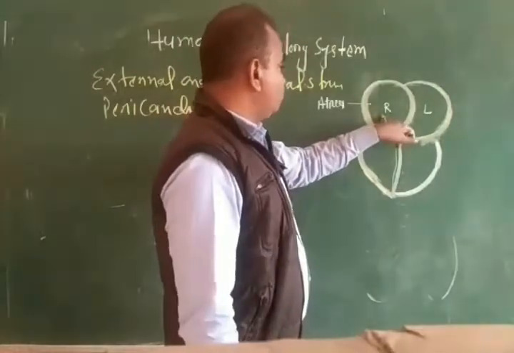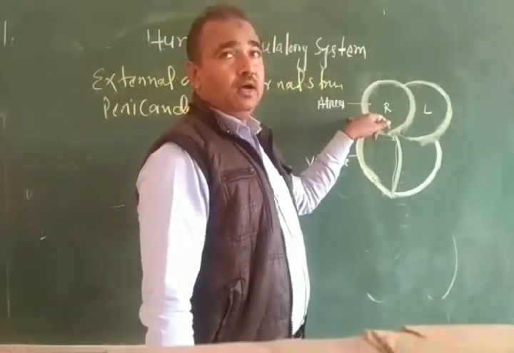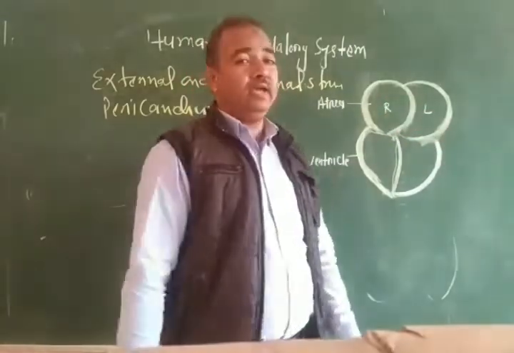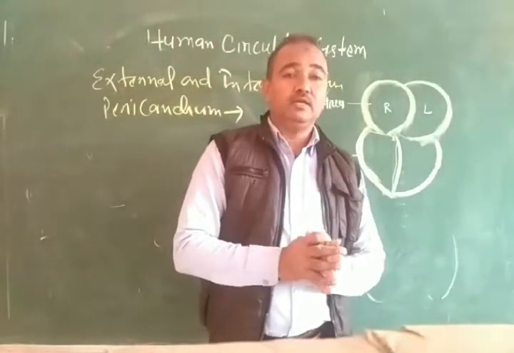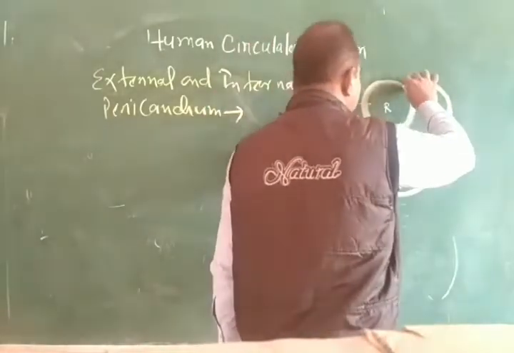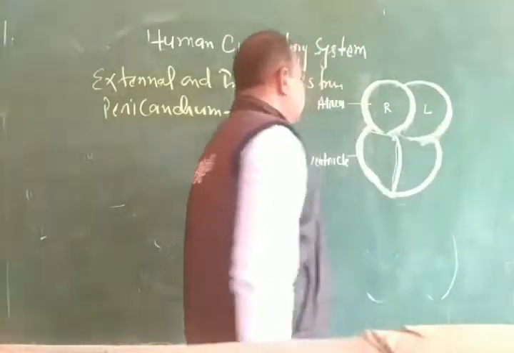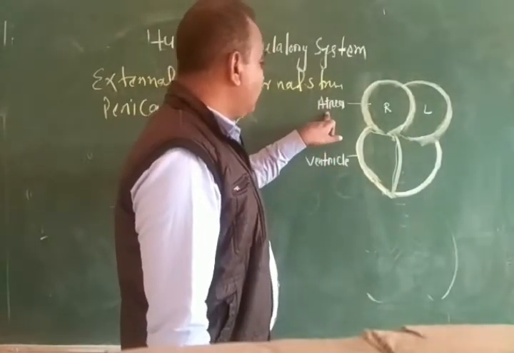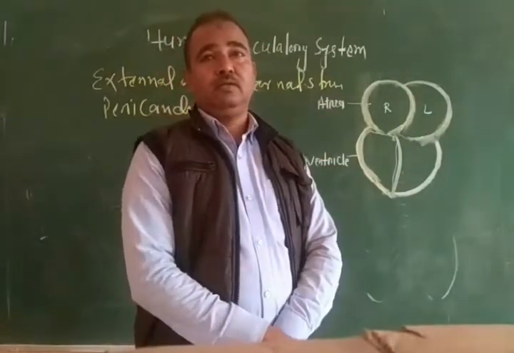The two atria on the upper side are separated by a thin membrane called the interatrial septum.